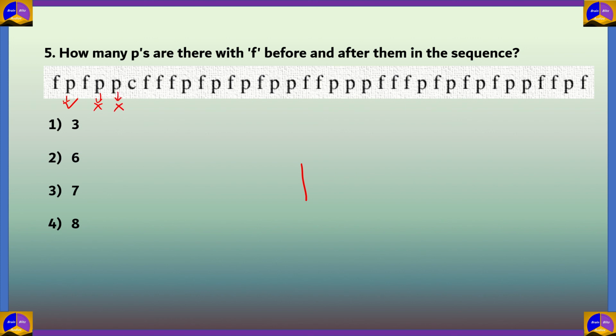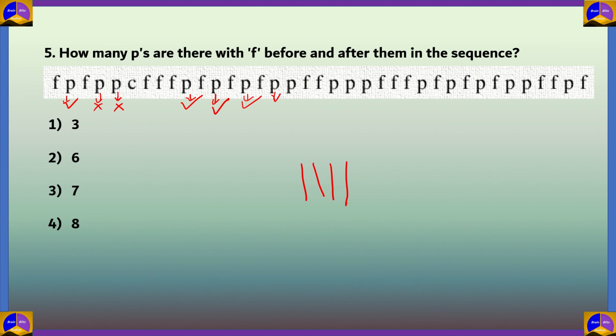This P is also not counted because F is not there before or after it. Now this P is correct because it is between two F's, so 2. This one is correct, 3, because it is between them. And this one is correct because F is between them, so 4.